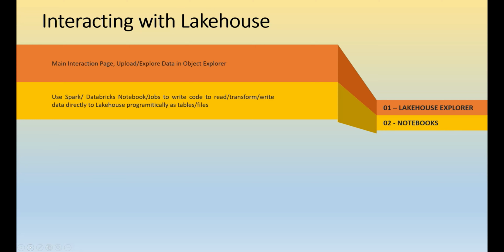You are doing things programmatically here, right? So this is important. This is the programmable way of doing it, while the Lakehouse Explorer is a UI using the Object Explorer, right?